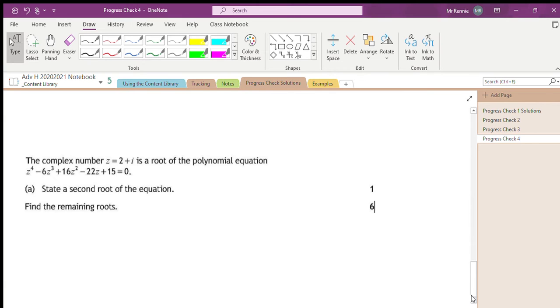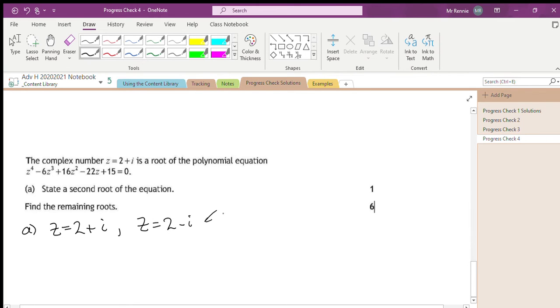The good thing is, and you can see it was only worth 1 mark, you know the root z equals 2 plus i is a root, therefore the other root is z equals 2 minus i, and that is known as a conjugate, where the sign in front of the imaginary part of a complex number is swapped over. So if you know one root, then the conjugate is also a root, so we get the second root there.